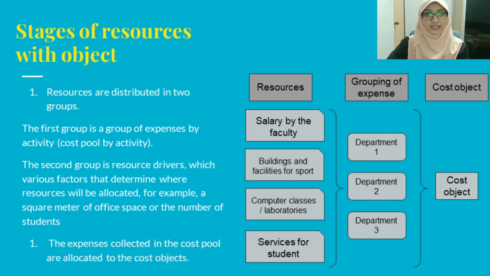In the second stage of the ABC method, the expenses collected in the cost pool are allocated to the cost objects. Figure 1 below shows the ABC model for determining the cost of a year of education in an education institution.